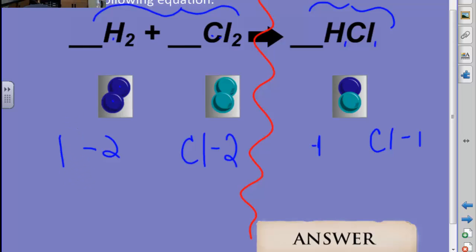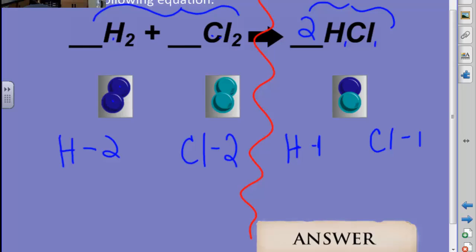I can change the coefficient, the number in front of the molecule. So if I want more hydrogen, I can put a 2 for the coefficient here in front of hydrochloric acid. So this now means I have 2 HCl molecules.